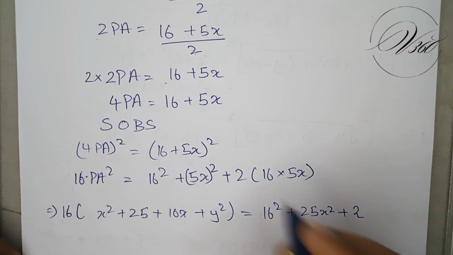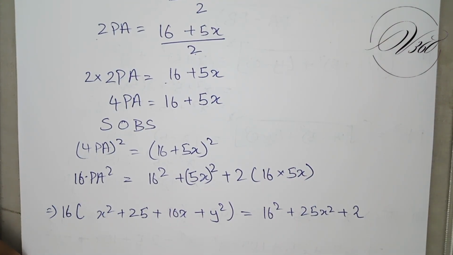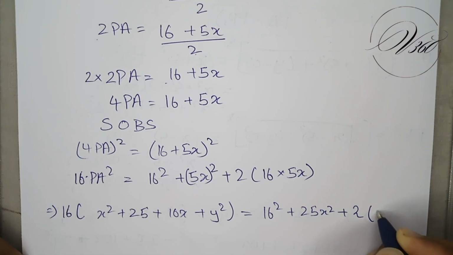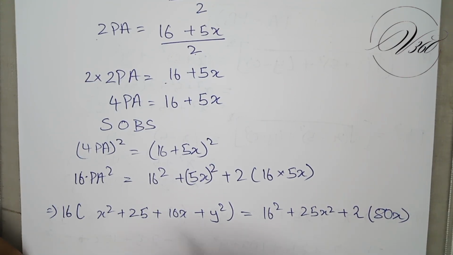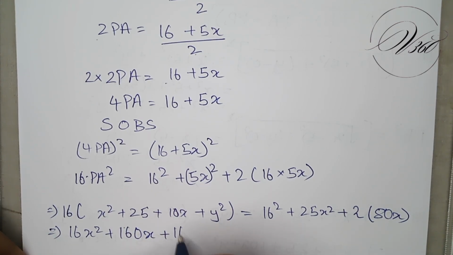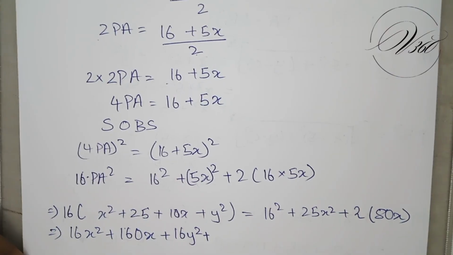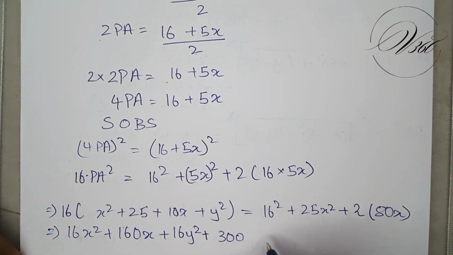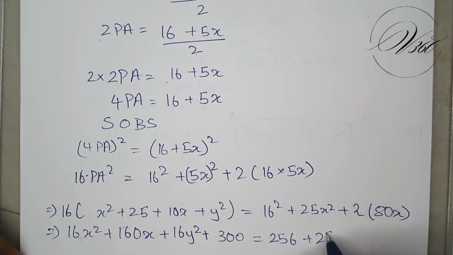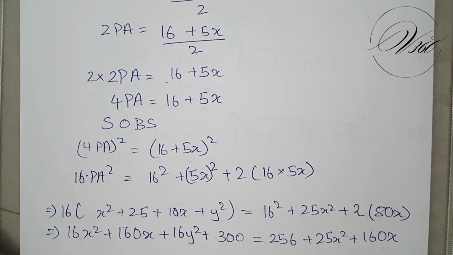2 of 16 into 5x, which is nothing but 160x. Now we open the brackets, we get 16x square plus 16 of 25, which is 300, plus 160x plus 16y square, which is equal to 16 square, which is 256, plus 25x square plus 160x.